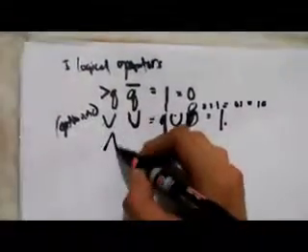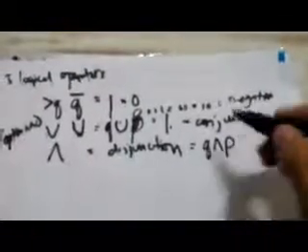Negative because it's called a conjunction. Okay, conjunction because it's a condition wherein P and Q have to be both 1 for it to be 1.